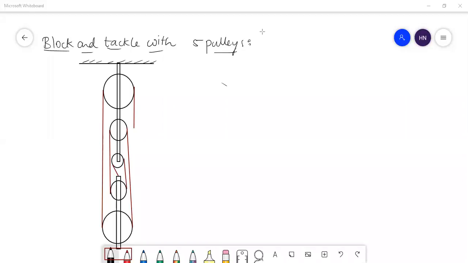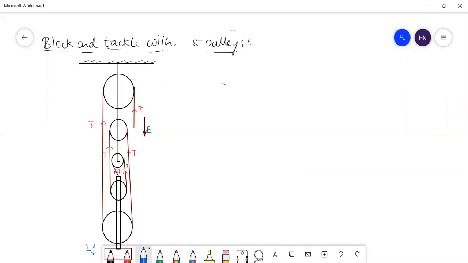Now I talk about the tensions acting along the strings. So 1, 2, 3, 4, and 5. And here tension T, which will be balanced by the applied effort in the downward direction, and the load downward.